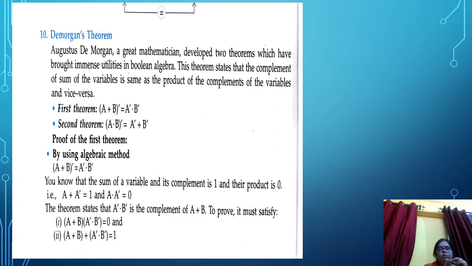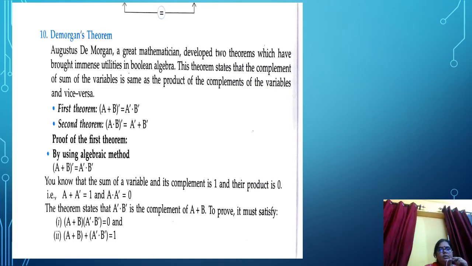Now we are going to prove the first theorem by the algebraic method. We generally prove all the laws with the help of the algebraic method and the truth table. See, first we are going to prove the first law with the help of the algebraic method. As we all know, the sum of a variable and its complement is 1, but the product is always 0.